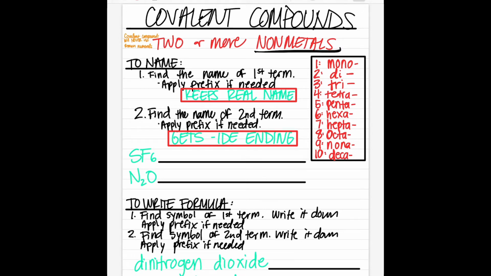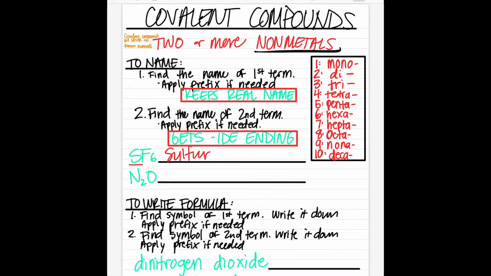Okay, so I've got S. S is sulfur. It does not have a number after it, so that means there's just one. Remember, I only use mono with oxygen. Okay, so that's going to be just sulfur. And then the other one is F, which is fluorine, but remember it needs to get an IDE ending, so it's fluoride.